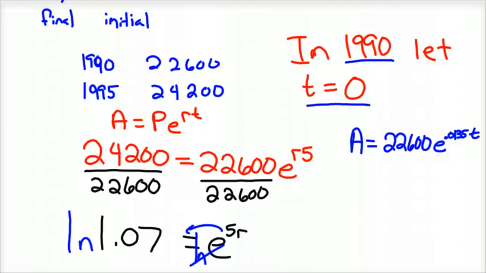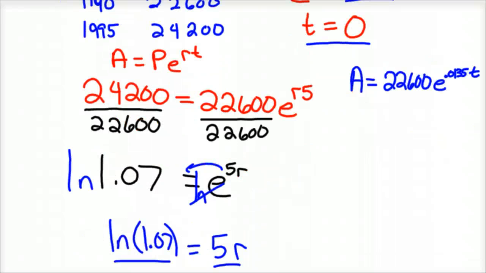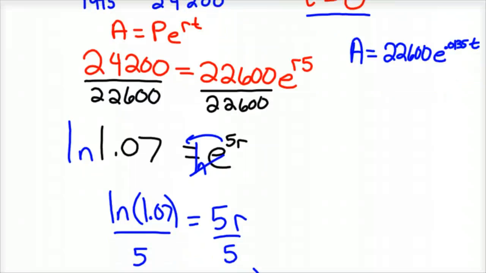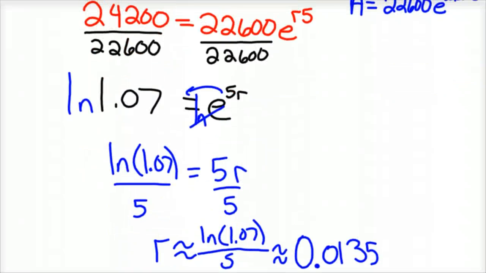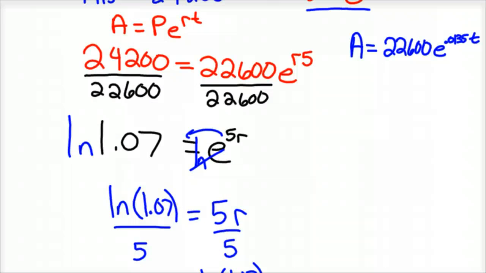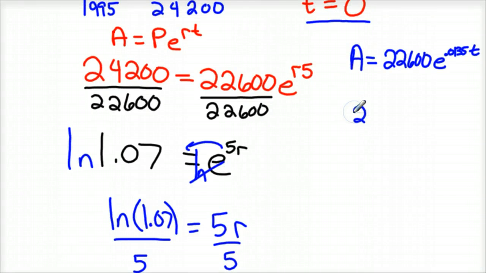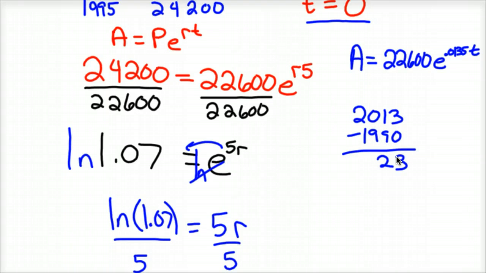I'm running out of room here, sorry. So I'll do that down here. 2013 minus 1990 is 23 years that have gone by. And so we can just plug that in as our time t.